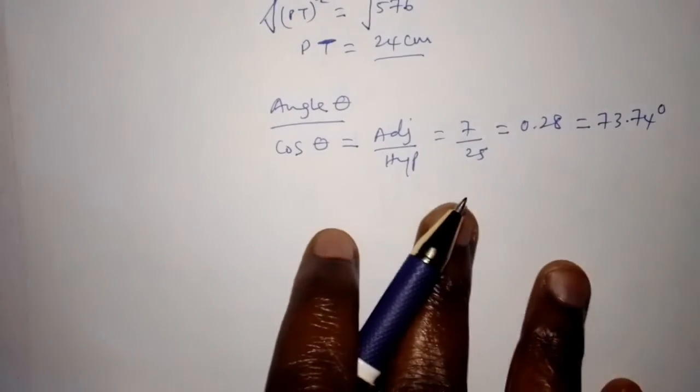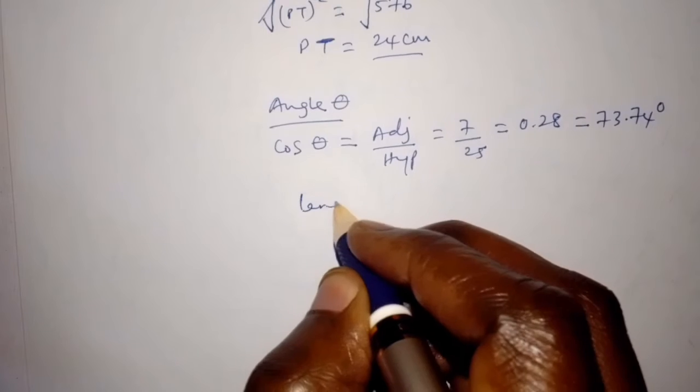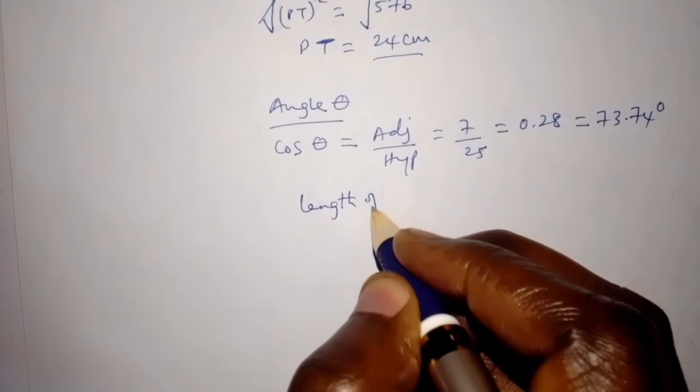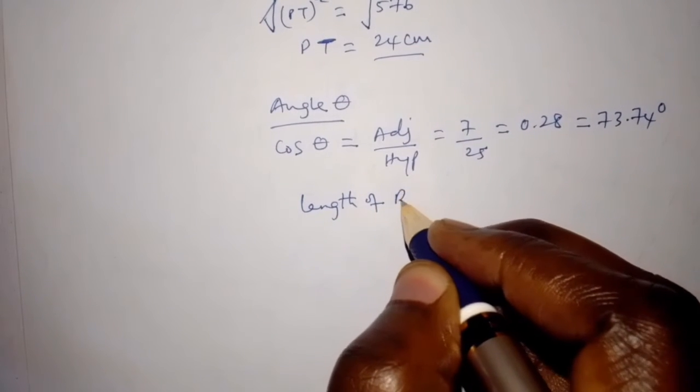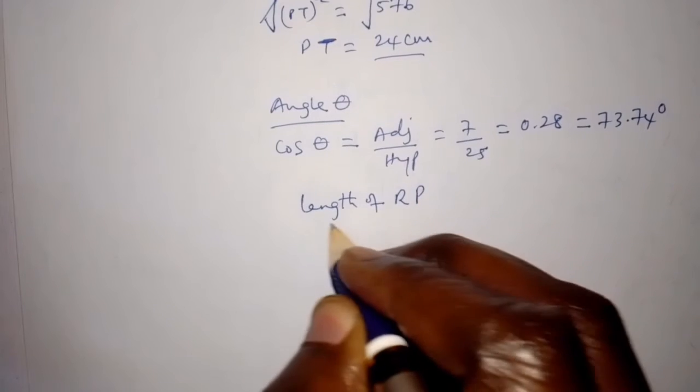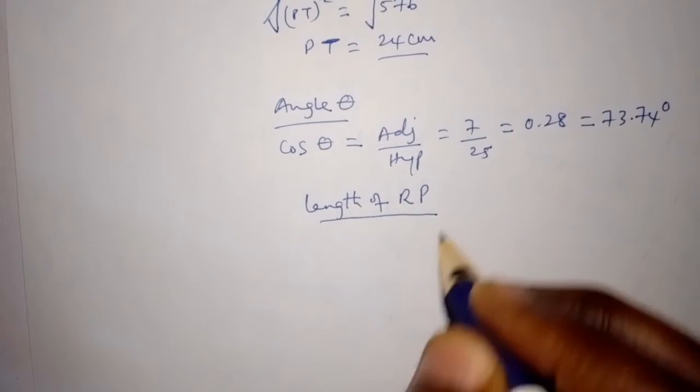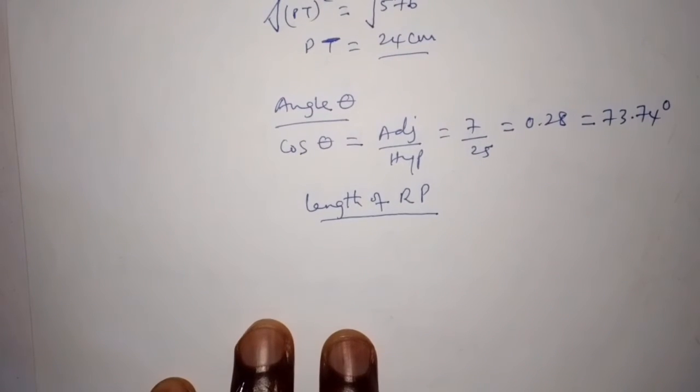So now let's find the length of RP. We can use the sine rule.